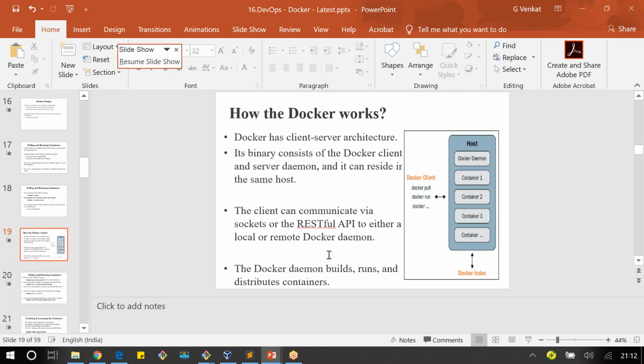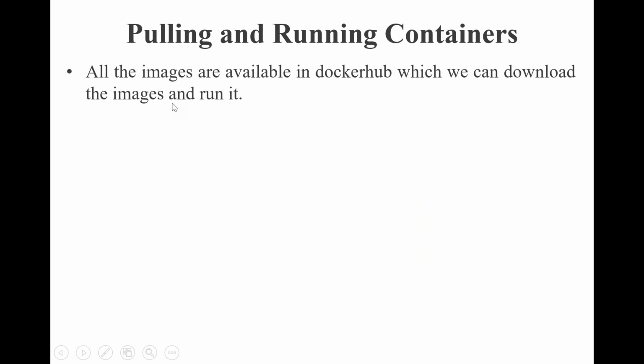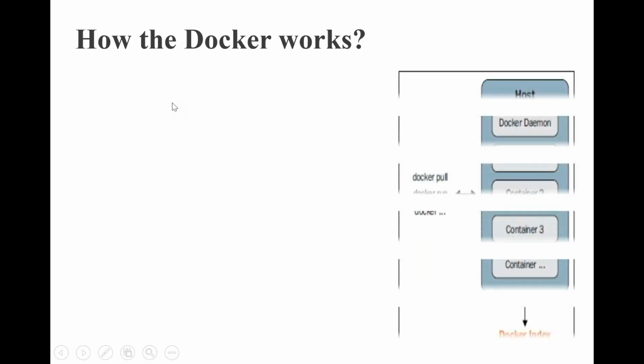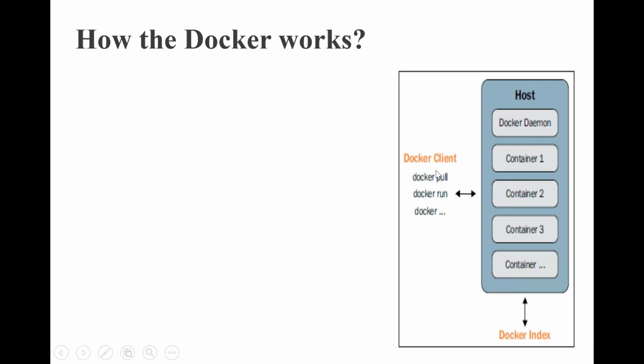Docker has a client and server architecture. What is the client and server architecture? Any command you run, whether Docker pull or Docker run or any other, tries to communicate with the Docker daemon process.